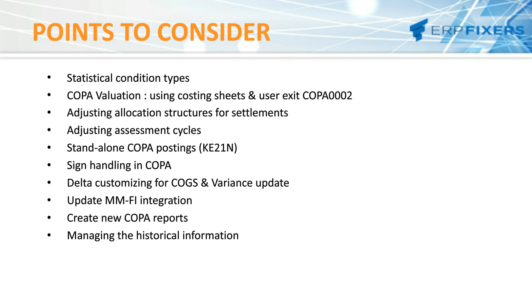So you will also have to do the delta customizing. You will also have to update the MMFI integration settings in OBYC, because in the account-based COPA, you would use the COGS account from GBB VAY instead of GBB VAX.